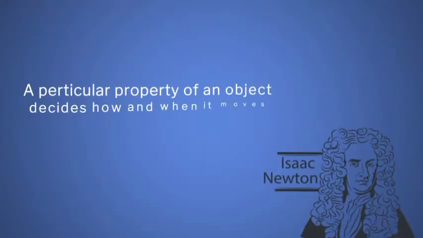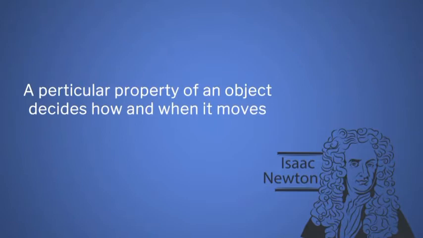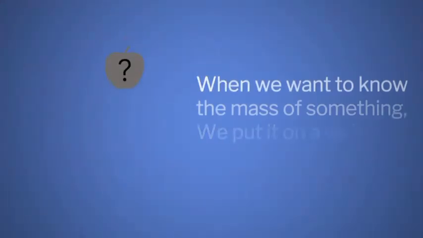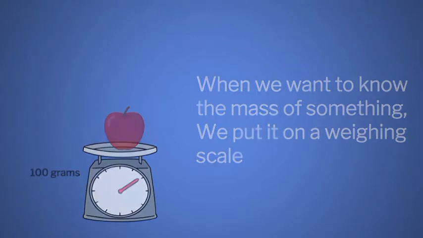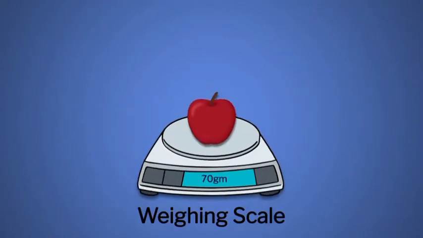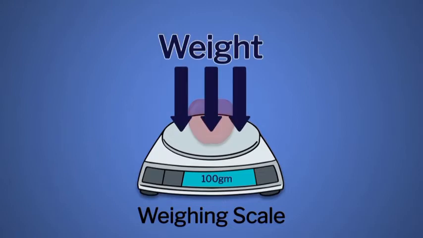Newton said that it was a particular property of objects that decided how and when it moves. That property is its mass. Mass is basically the atoms and molecules packed inside an object. When we want to know the mass of something, we put it on a weighing scale. But do you know that weighing scales don't really measure mass? They calculate the weight.